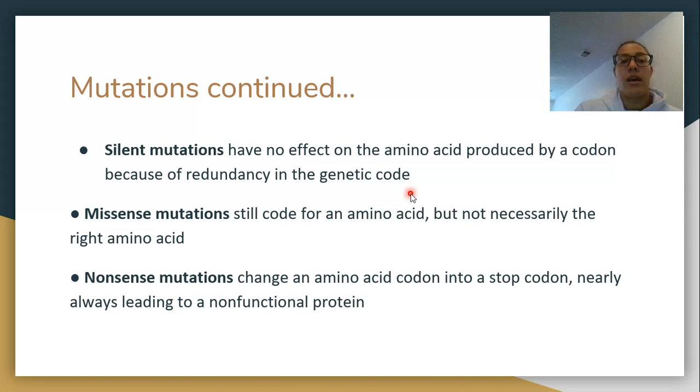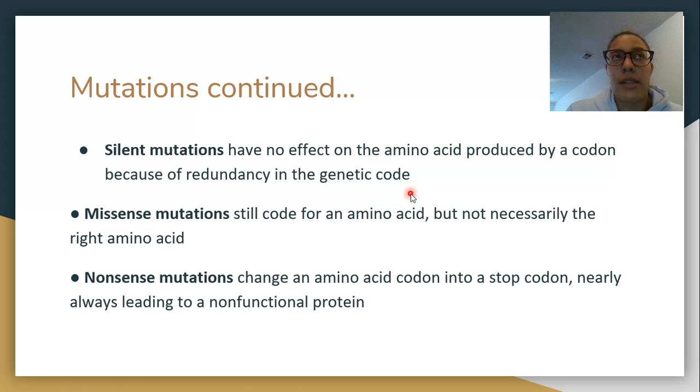But if something goes through and causes an incorrect amino acid to be coded for, that is called a missense mutation. So when an A pairs with a G instead, and it causes the wrong amino acid to attach, that's called a missense mutation.